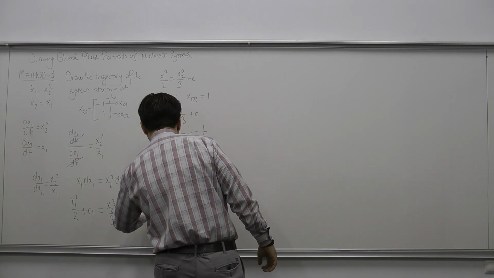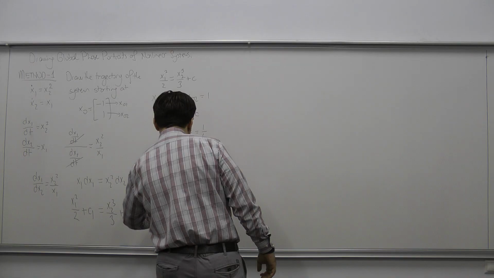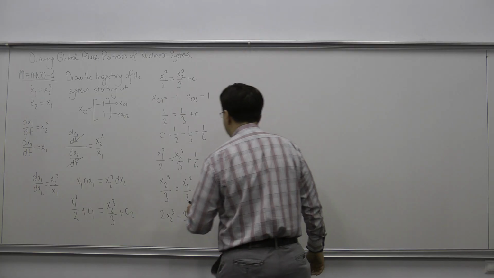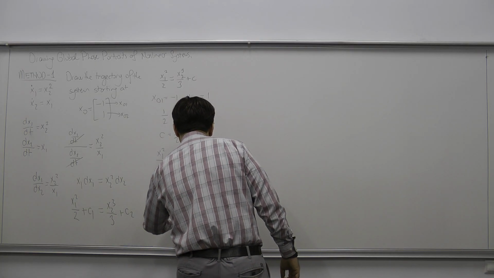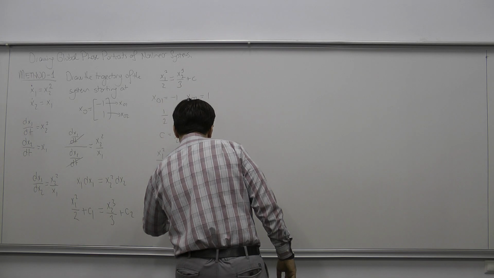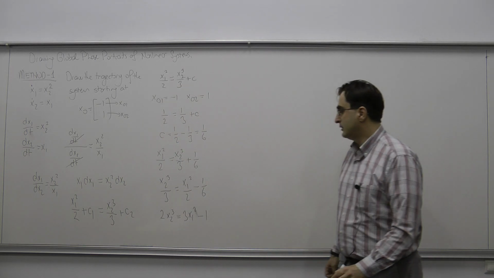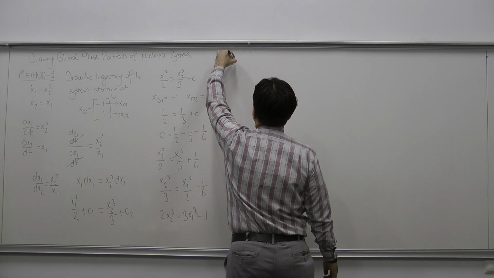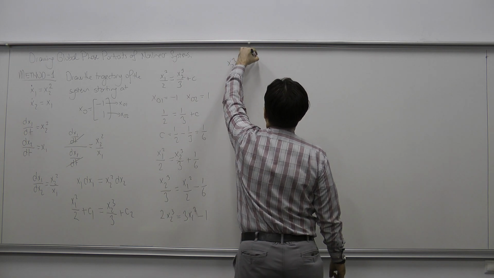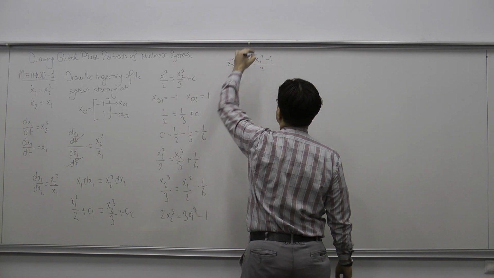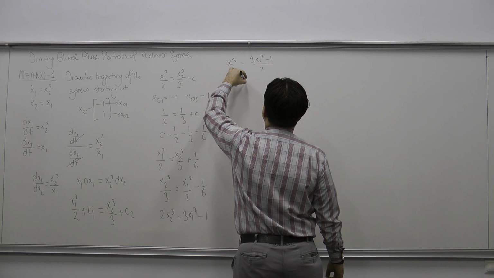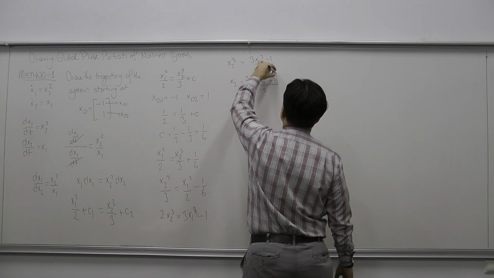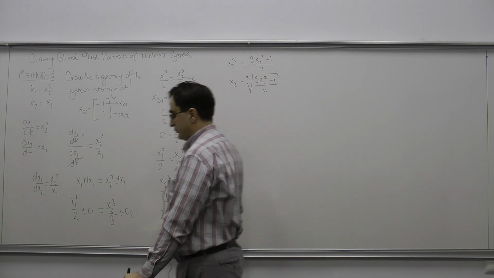Then that is going to give me 2x2 cubed is equal to 3x1 squared, another mistake here, this is going to be minus 1. So I have 3x1 squared minus 1. Okay? And let us try to extract x2 from here. x2 cubed is equal to 3x1 squared minus 1 over 2. And then x2 is equal to the cubic root of (3x1 squared minus 1) divided by 2, given like that.